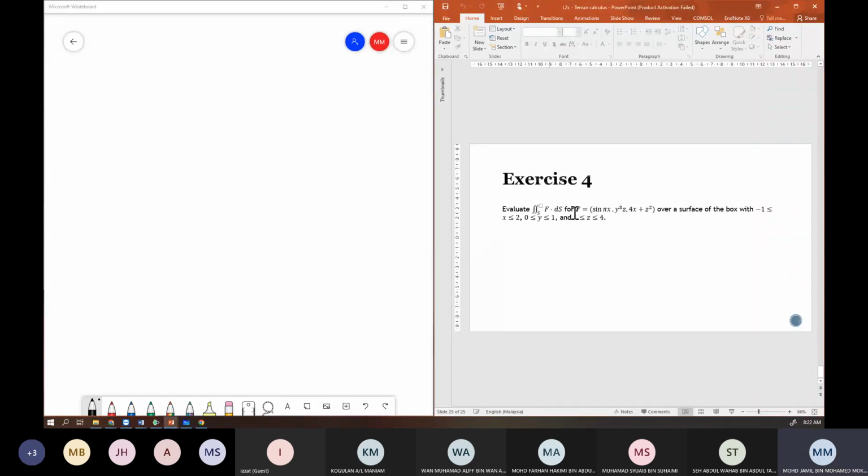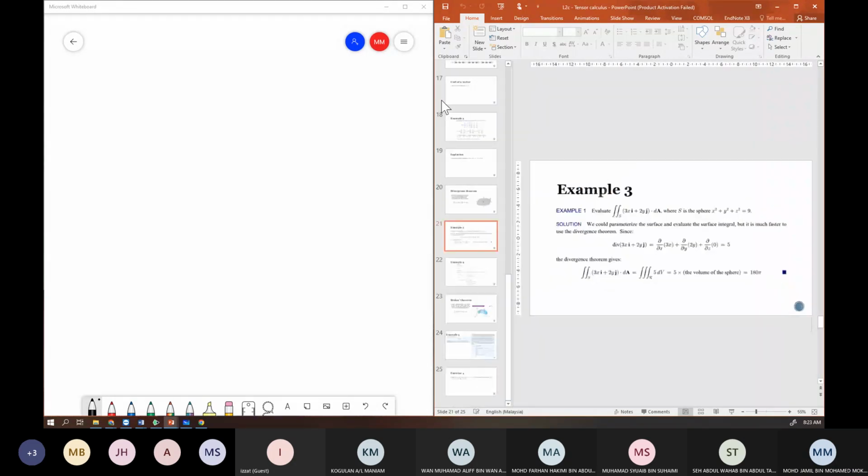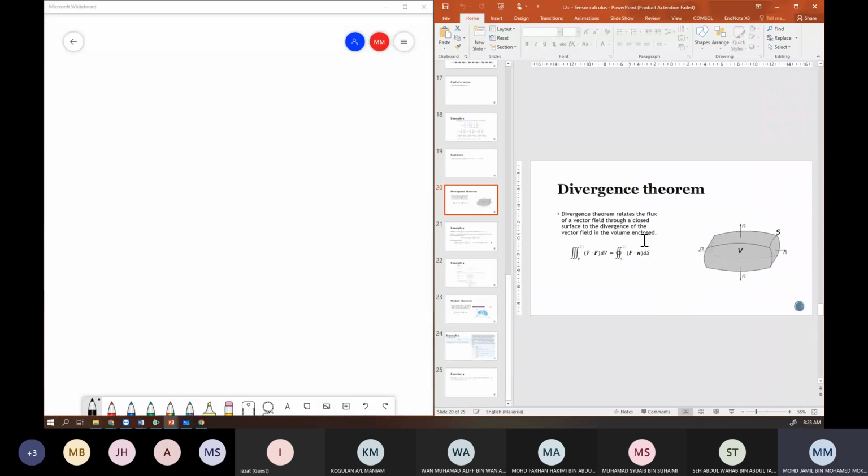Okay, so when you find this kind of integral, you need to use the divergence theorem. You need to convert this integral to divergence form. So let's write this.